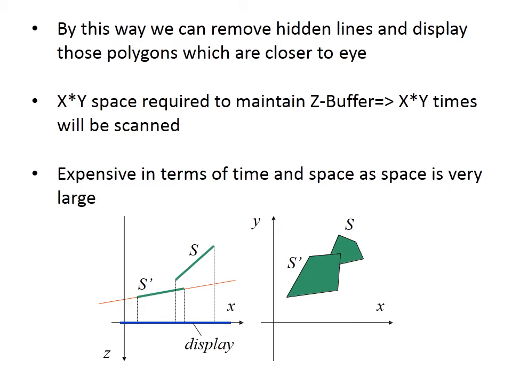So by this way we can remove hidden lines and display those polygons which are closer to the eye. The x star y space required to maintain the z buffer is expensive in terms of time and space, as space is very large.